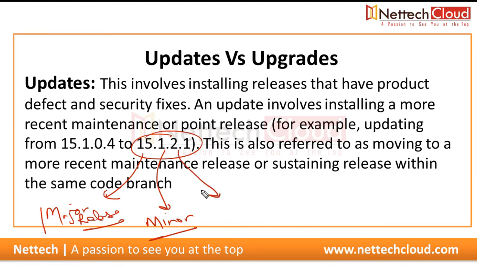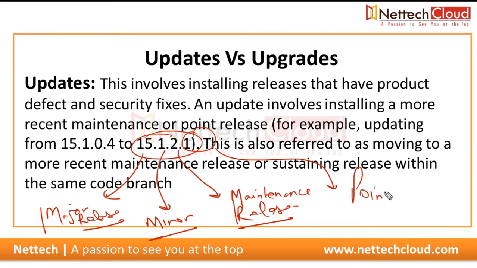And the third number here, that is 2, denotes the maintenance release. A maintenance release contains all previous point releases and addresses additional product defects and security fixes. And the last one here, 1, is the point release.